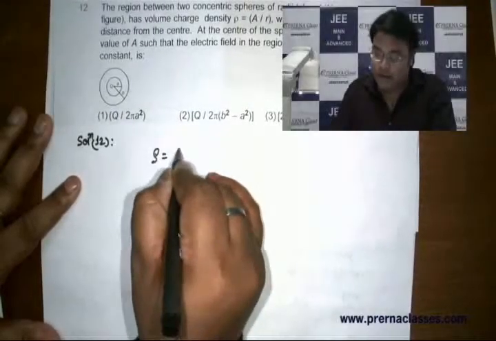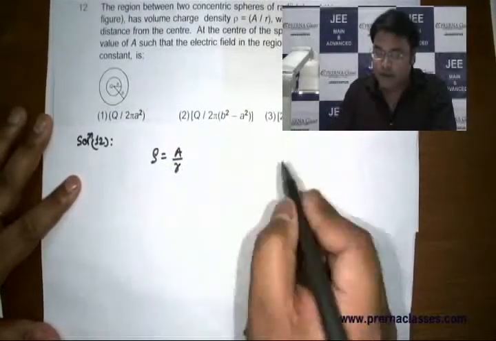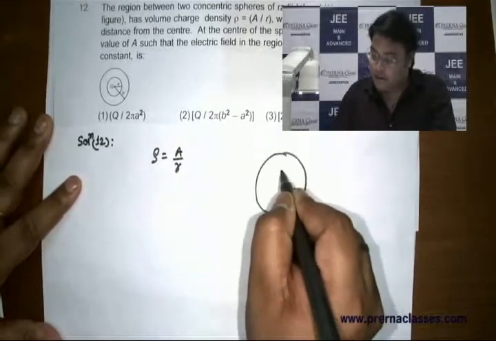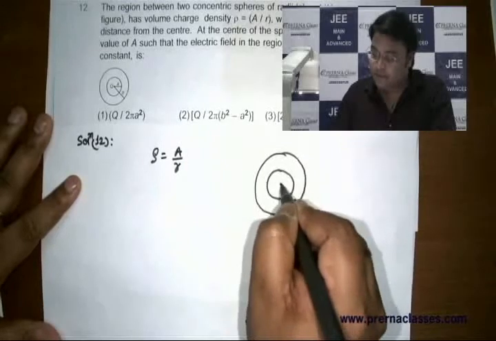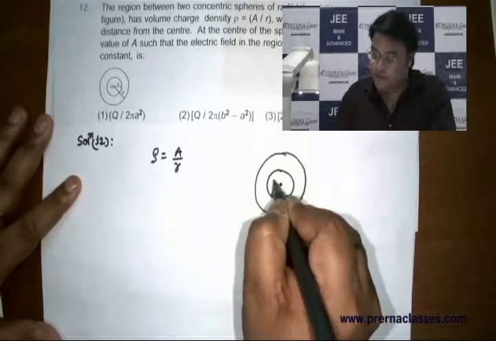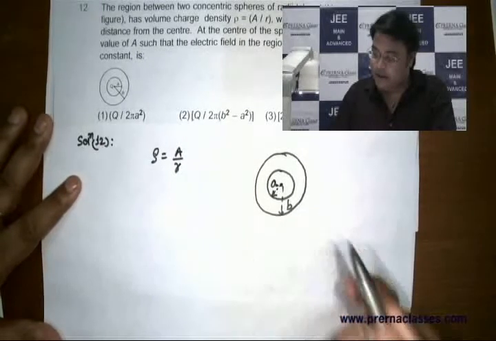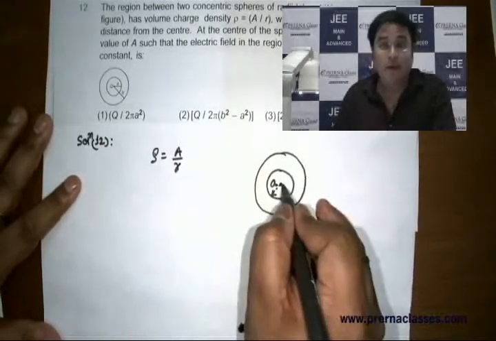Here density varies with the distance from its center according to a relation, for a given spherical body. Its inner radius is A and outer radius is B. Okay?